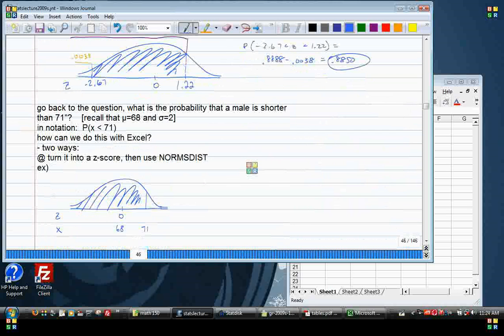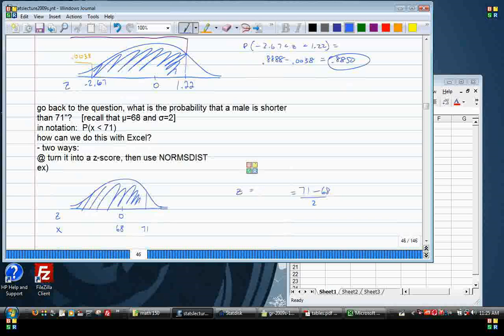Okay, so here's the first thing. We need to find the z-score. How do we find the z-score? And how do we do that? And this is coming from a formula.